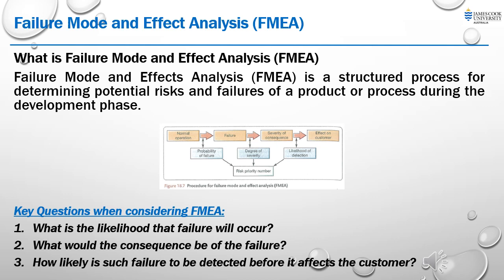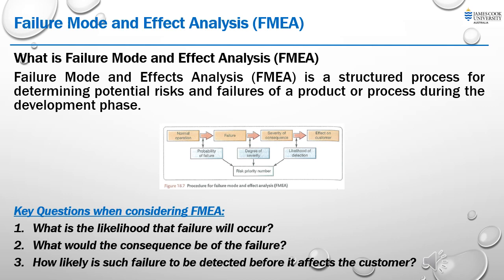FMEA is typically conducted in a team-based approach and involves three steps. The first step is identification of potential failure modes. The team identifies all possible ways in which a system or process could fail, including the causes and potential effects. The second step is the assessment of the severity, likelihood, and detectability of each failure mode.